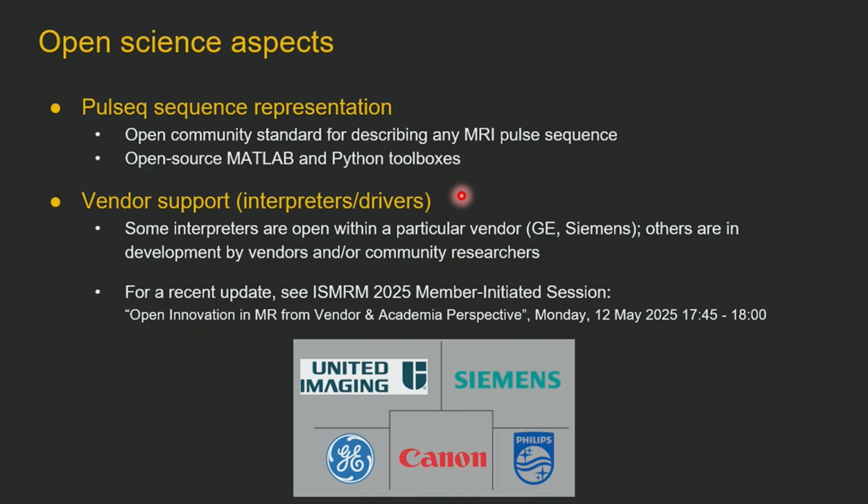And to that point, at the recent ISMRM in May, there was a session where all 5 human vendors now stated their support both for the open science, open sequence push, and particularly using PulseSeq on each of the platforms.